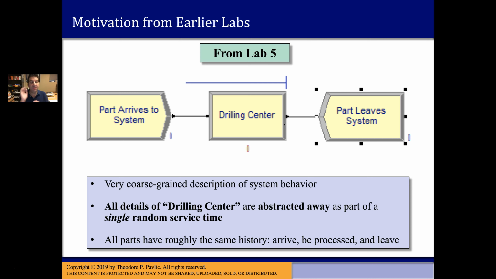In other words, there's probably a more refined version of the drilling center that better captures all of the details of what goes on inside it. It might even be easier to build than one monolithic service time distribution for the drilling center.